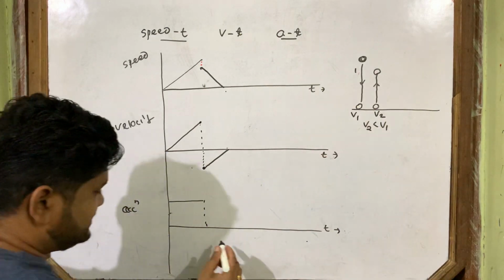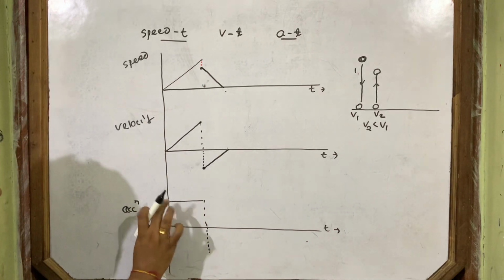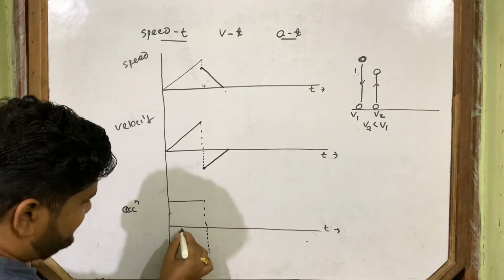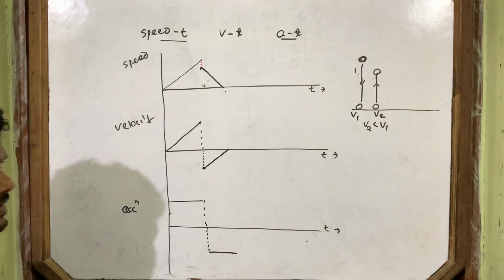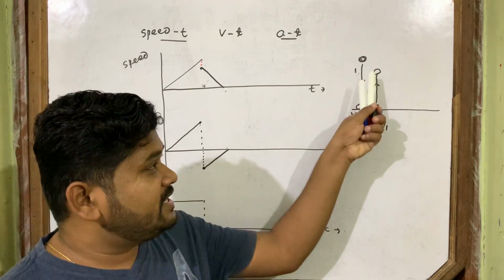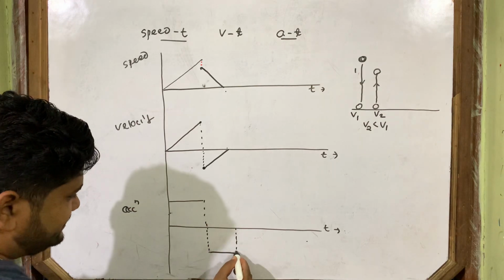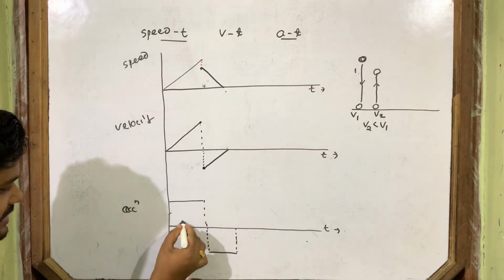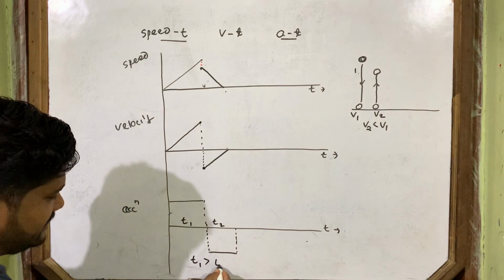When you go, acceleration is negative, and the acceleration value is constant. It's 9.8. Here also it's 9.8. But the time interval will be less now, because it relates to less height. So the time interval will be less here, this gap and this gap. If this is T1 and this is T2, then T1 will be greater than T2.